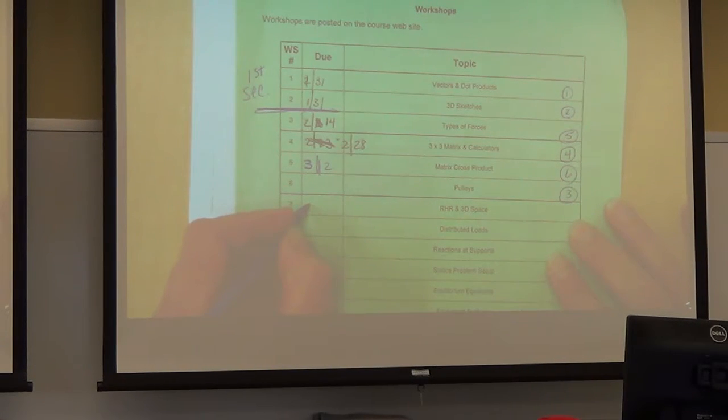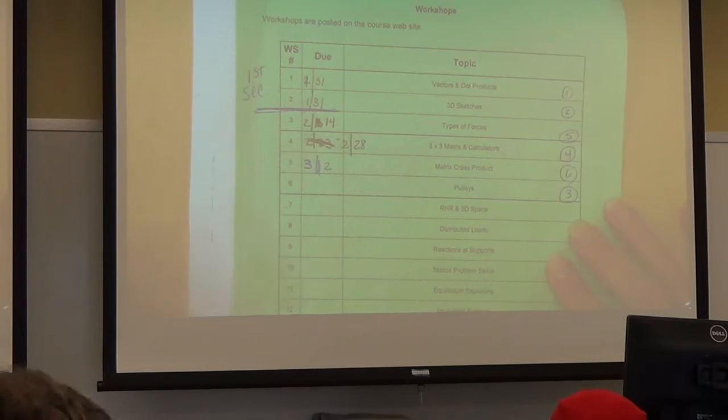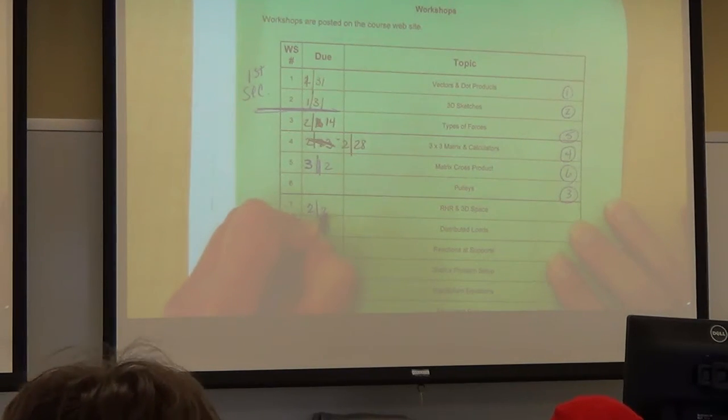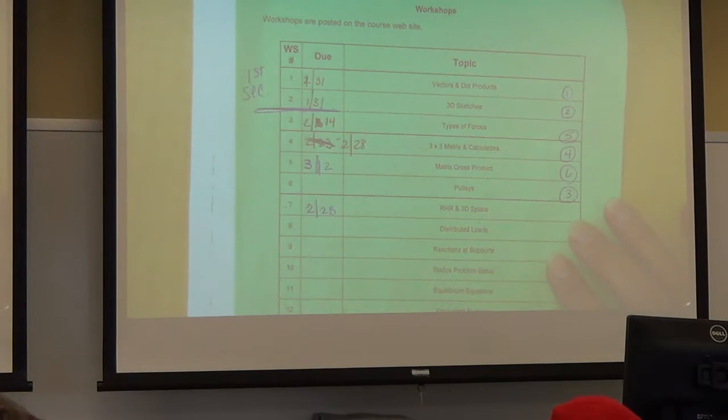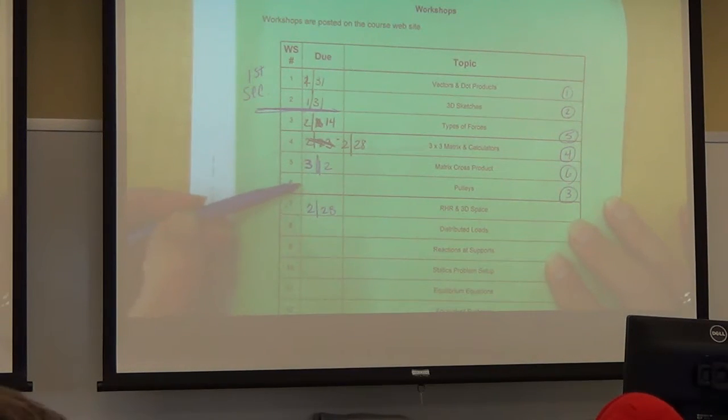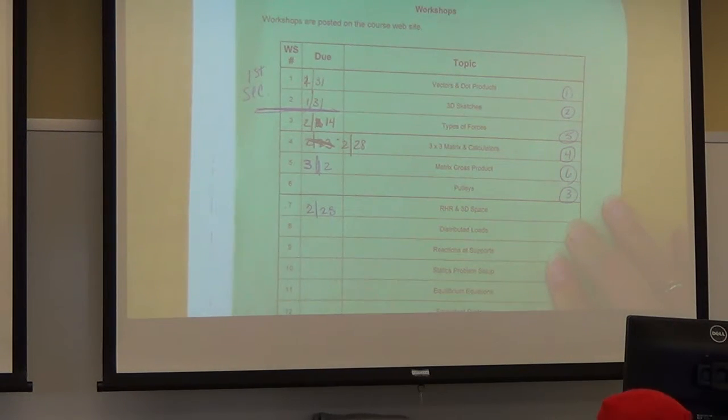I know I typically give you a week to do it, but I'm going to give you till Tuesday, just because we're going to start working on it now, and I would be more comfortable if you're comfortable with it by Tuesday. So Tuesday, I believe, is the 28th. Correct? Yeah. Okay. And then I'm going to assign the pulley workshop on Tuesday, so we'll leave that blank for now. So everybody has the dates.